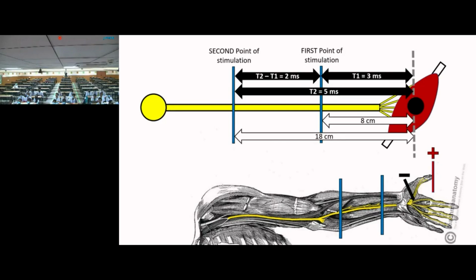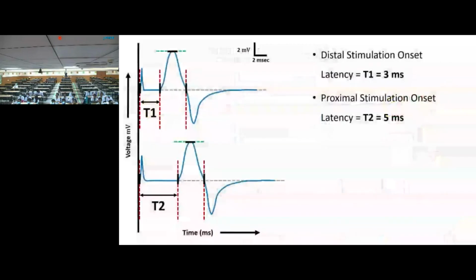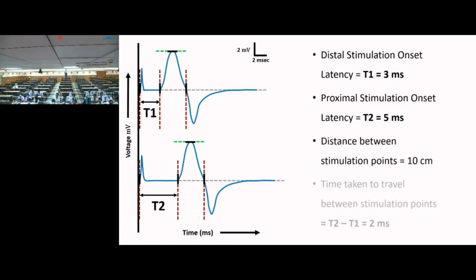When we subtract T1 from T2, we get this part alone, which is 2 milliseconds. The distance is 18 minus 8, which is 10 centimeters. Using this displacement and time, we can calculate the velocity for that intermediate part, which includes only your nerve part, not your neuromuscular junction.